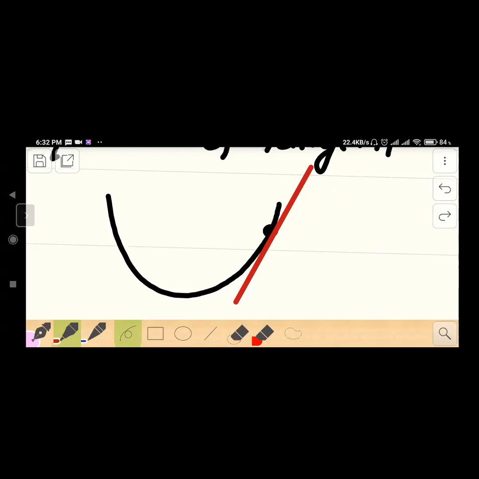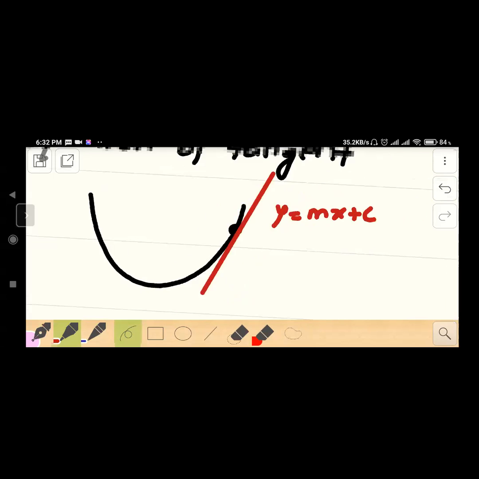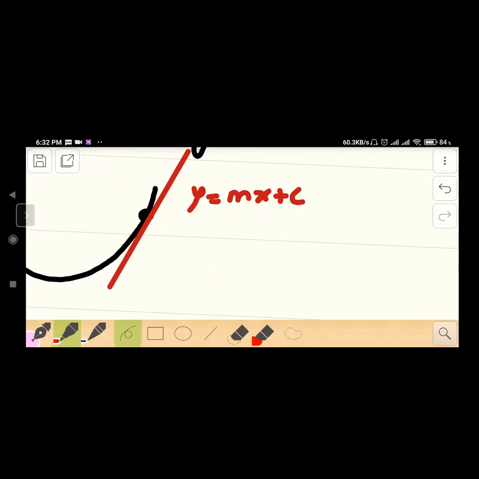Okay, tell me the equation for a straight line. y = mx + c, নাকি? হ্যাঁ, y = mx + c is the simplest form, but we have another form, which is y minus y1 equals gradient into x minus x1.